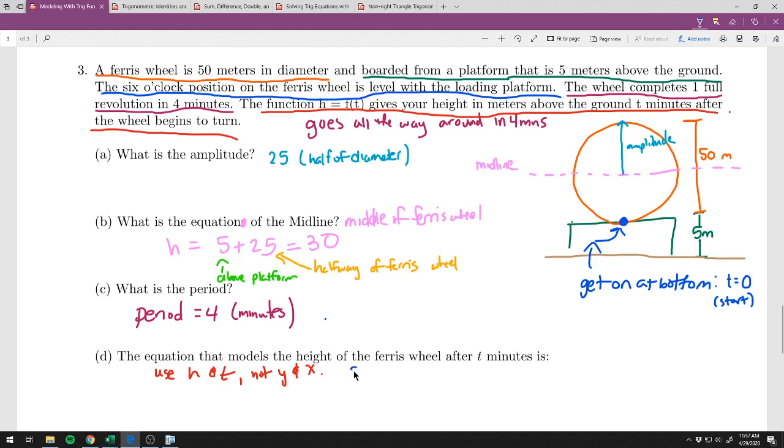Since we're getting on at the bottom, we know we're starting at the bottom. So we use negative cosine because we're starting at the bottom, and c equals 0, because that's the time we're getting on. We know when the bottom happens, and we know it happens at t equals 0.